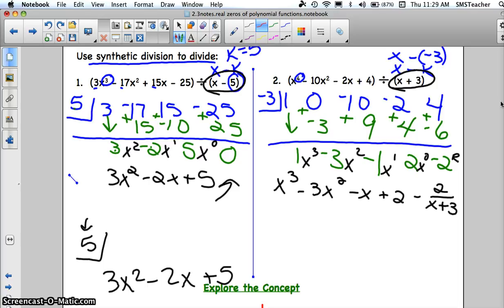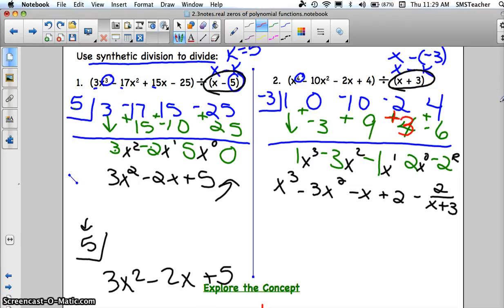1, 0, negative 10, negative 2, and 4. Okay. So bring down 1. That's negative 3, 9. Okay, the mistake is right here. Yes, negative 1 times negative 3 is positive 3. My apologies, I added those instead of multiplied them.